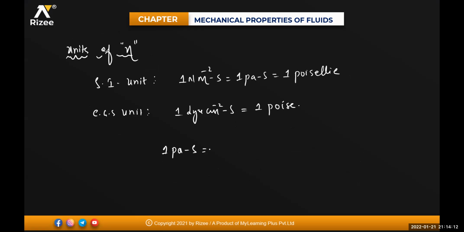1 Pascal second is equal to 10 poise. Clear? Can anyone tell me how I got that 1 Pascal second is 10 poise? 1 Newton is equal to how much? Nandini?